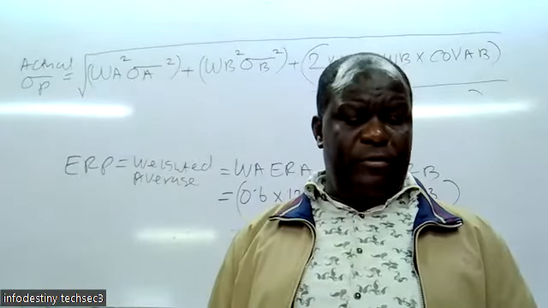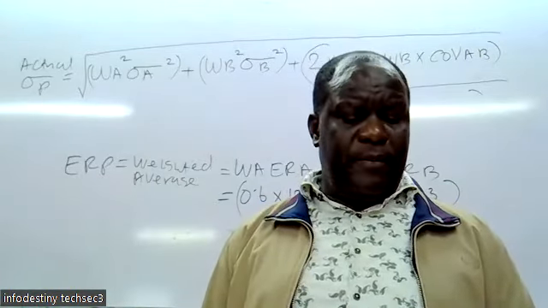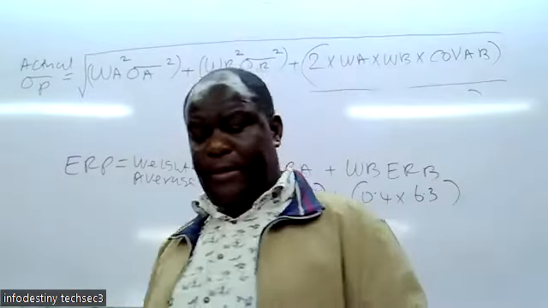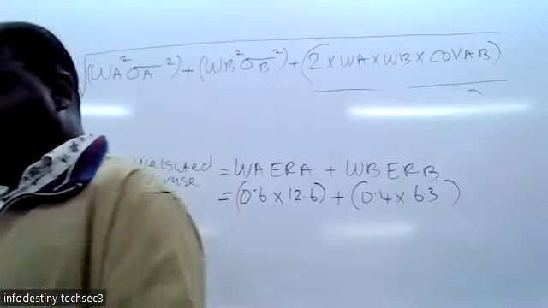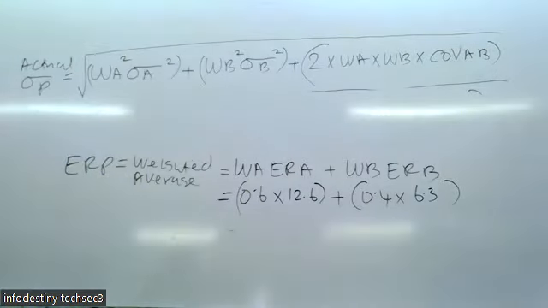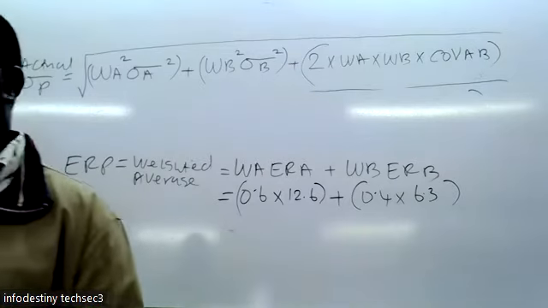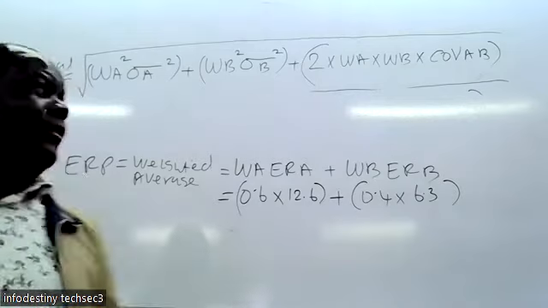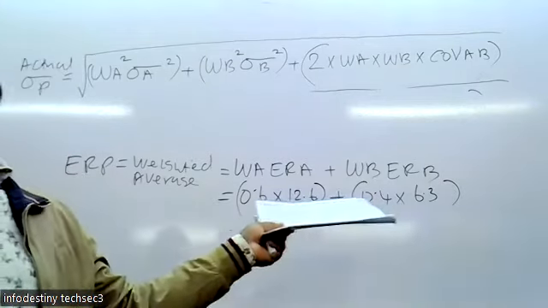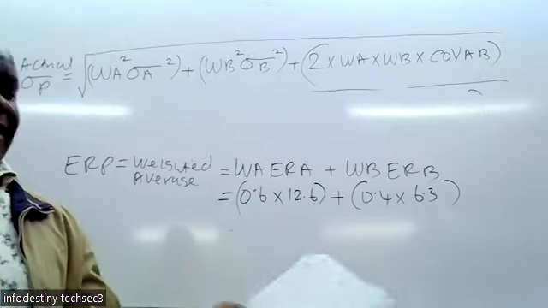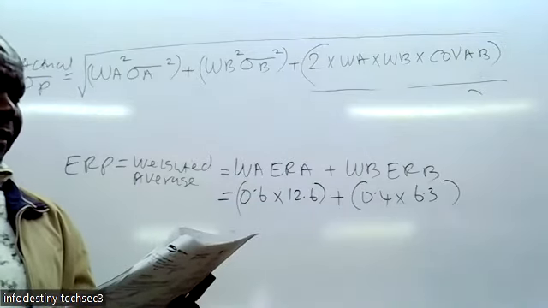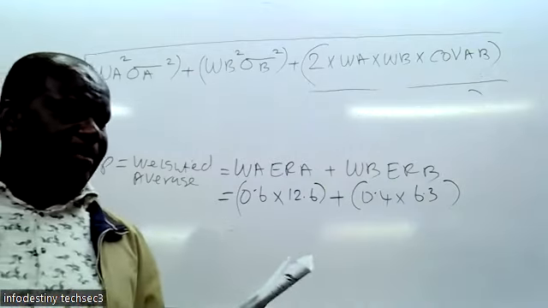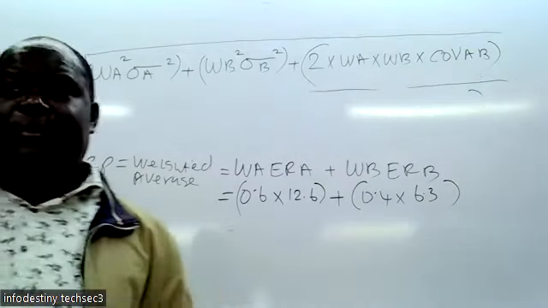So they have given you economic conditions, probability, and end of the year market prices. Then required: Roman letter 1, expected rate of return for each investment. Roman letter 2, portfolio expected return. Then Roman letter 3, assuming the returns of share A and B are perfectly positively correlated.